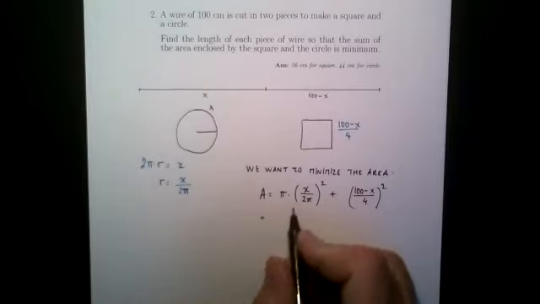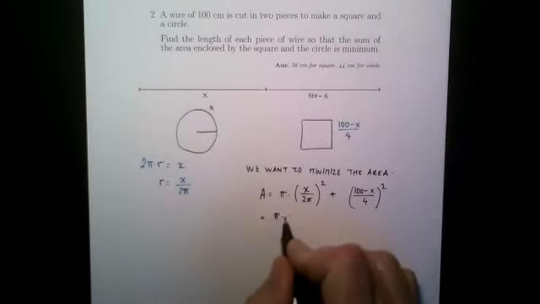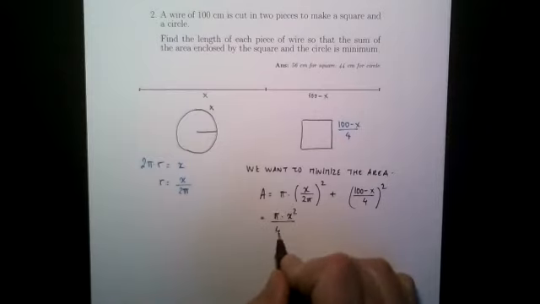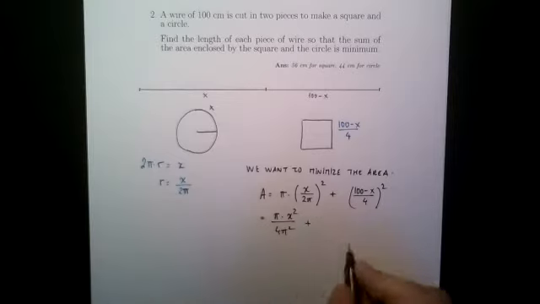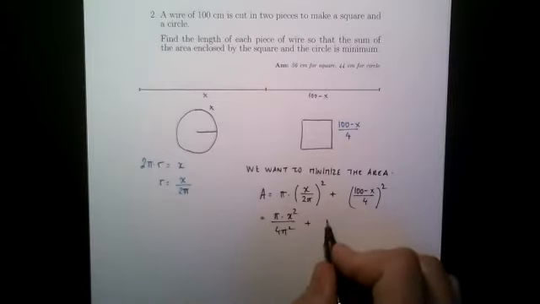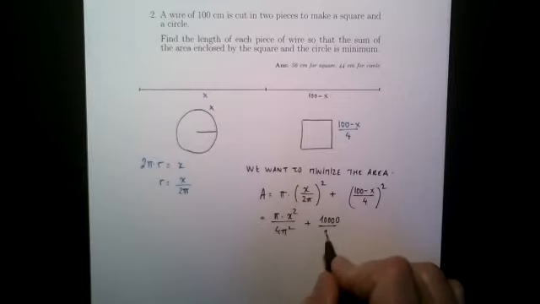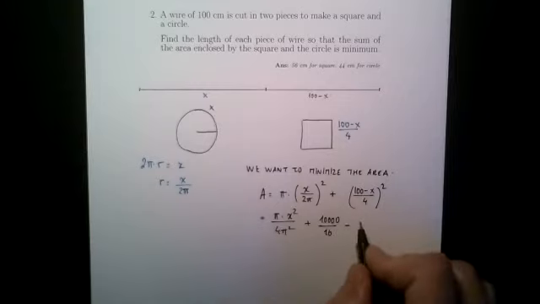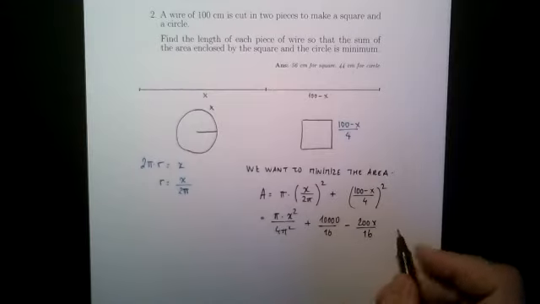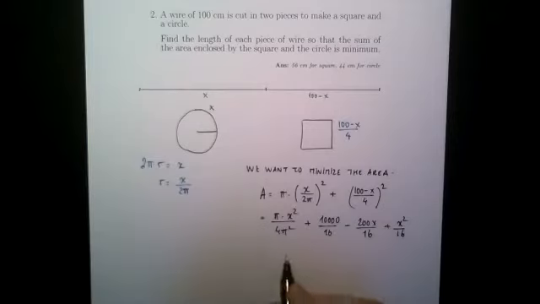So it's equal to pi times x squared over 4 pi squared, plus, and here I will have 10,000 over 16, minus 200x over 16, plus x squared over 16.